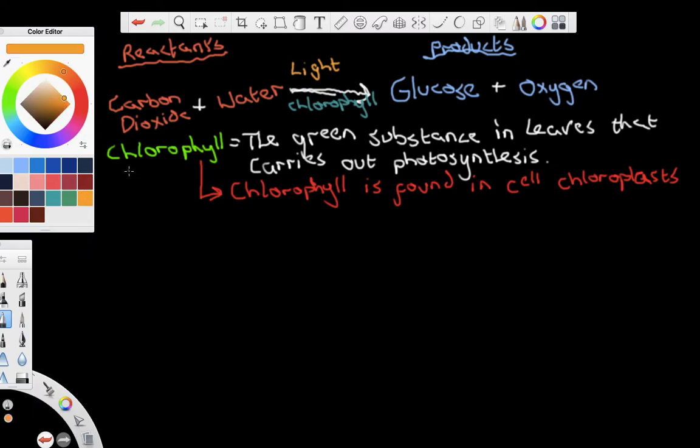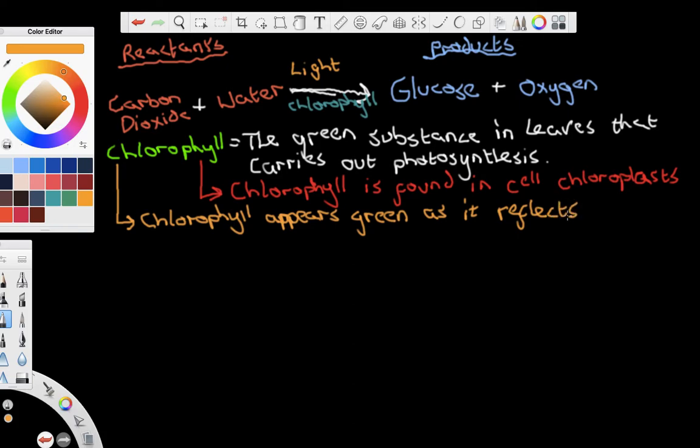So we can just add underneath here, and this used to be very important at A level, it's certainly worth mentioning at GCSE, we can say that chlorophyll appears green as it reflects green light but absorbs other wavelengths.